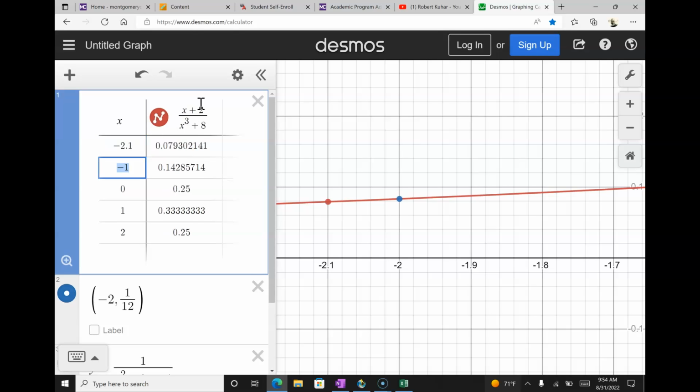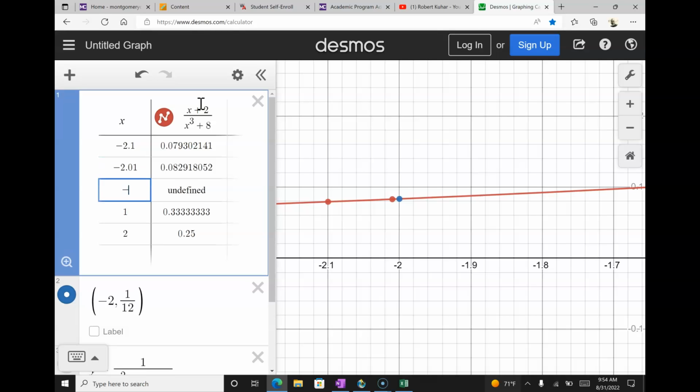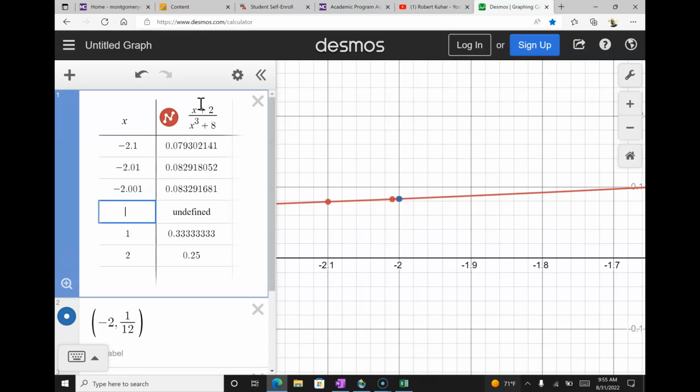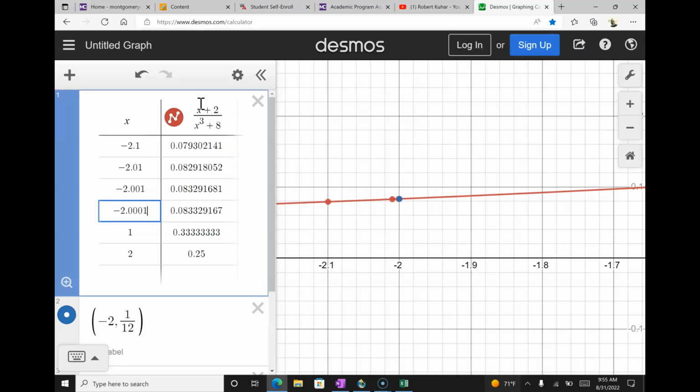It's okay, you'll get used to it. -2.01, -2.001, and you'll probably see that this 0.083 is not going to change much now. -2.0001, and of course I want to check it with 1/12, right?